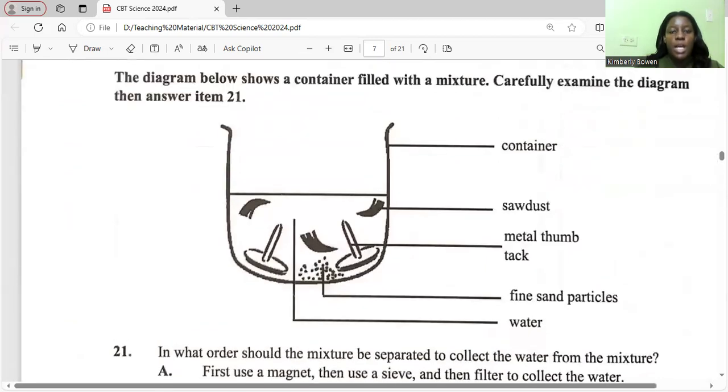All right, fair enough. So question 21 says the diagram below shows a container filled with a mixture. Clearly examine the diagram, then answer item 21. And we have the container, sawdust, metal thumbtacks, fine sand particles, and water.